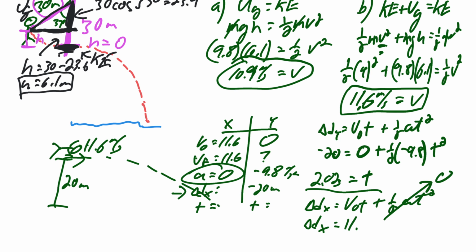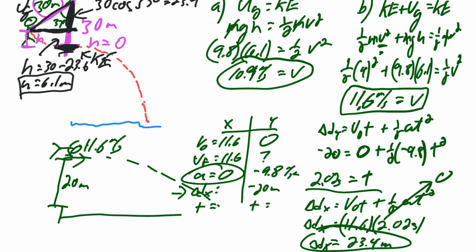V initial is going to be 11.6, and the time we just said was about 2. So it looks like it's about 23. According to my key, it says it's 23.4. That looks right. So that's where he would land, 23.4 meters.